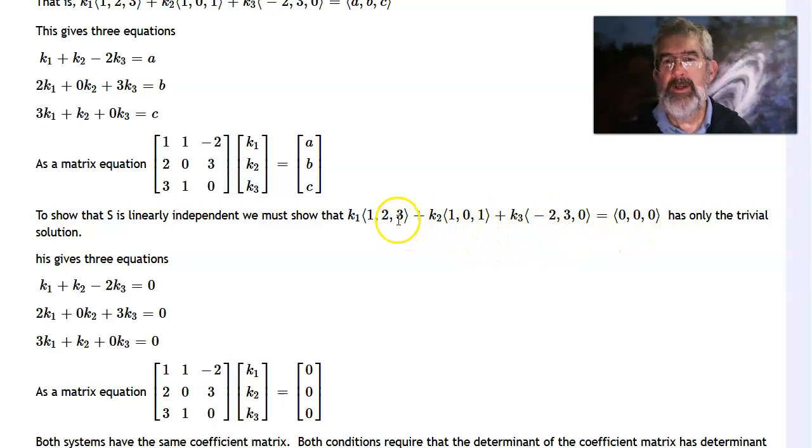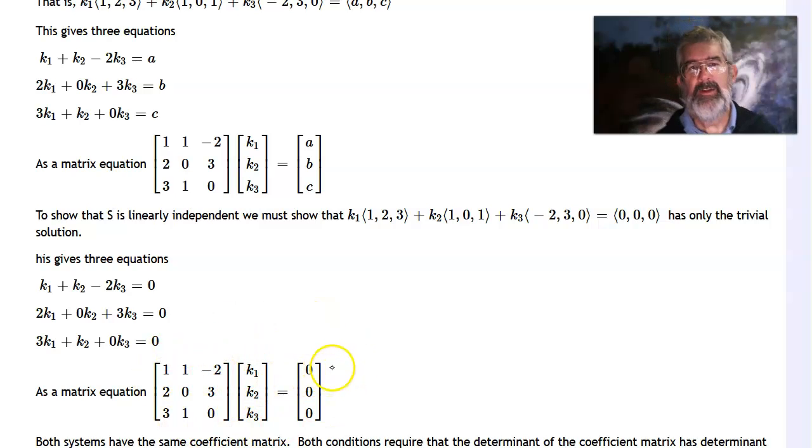And likewise, the third component is 3k1 plus 1k2 plus 0k3, which has to equal 0. Well, that's this system of three equations and three variables, k1, k2, and k3. Written in matrix form, it looks like this. Notice that the coefficient matrix down here is exactly the same as the coefficient matrix we had up there.